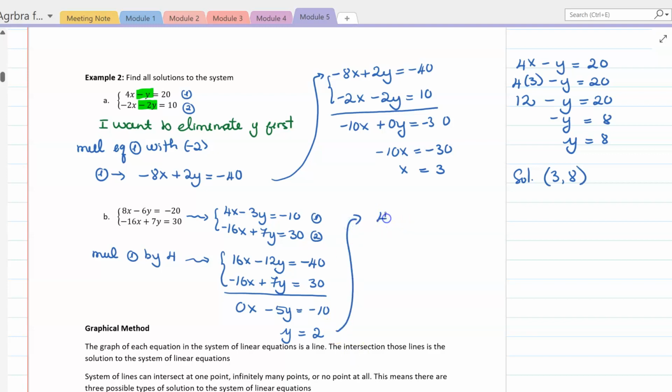So 4x minus 3 times 2 equals negative 10. So the solution to the system is the ordered pair (negative 1, 2).